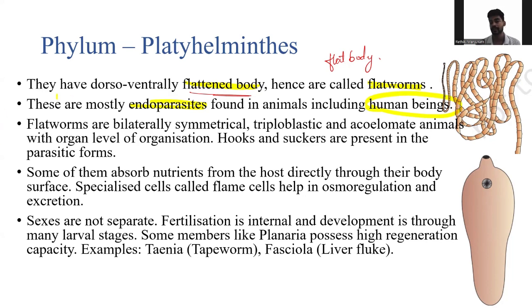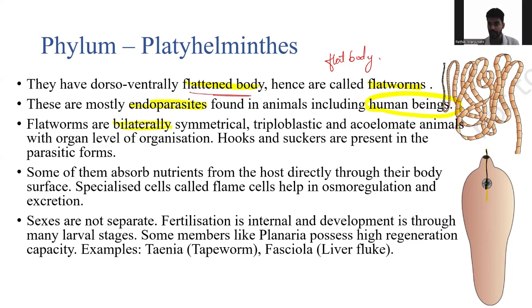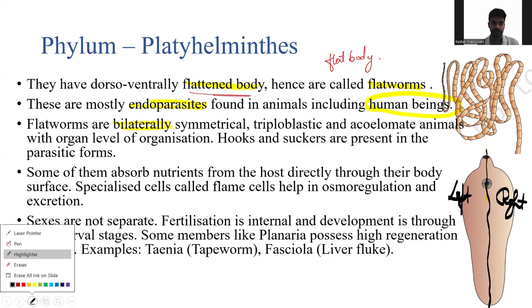Coming to the symmetry, they have bilateral symmetry. What do you mean by bilateral symmetry? If you pass a plane through the center, you can divide them into two equal left and right halves.